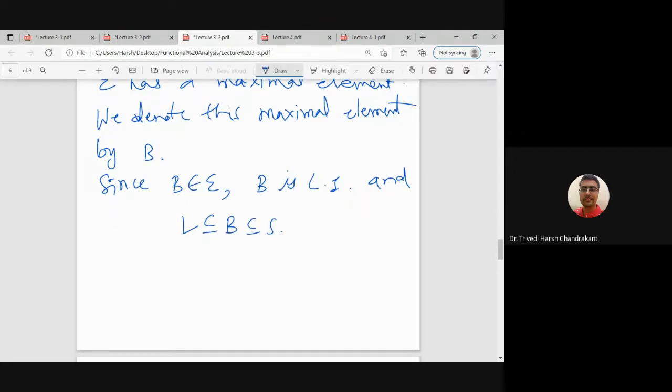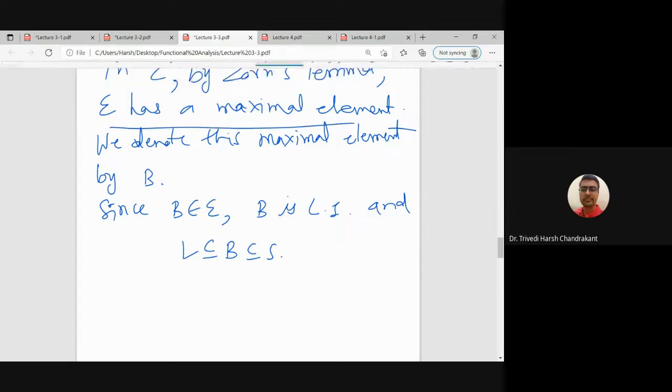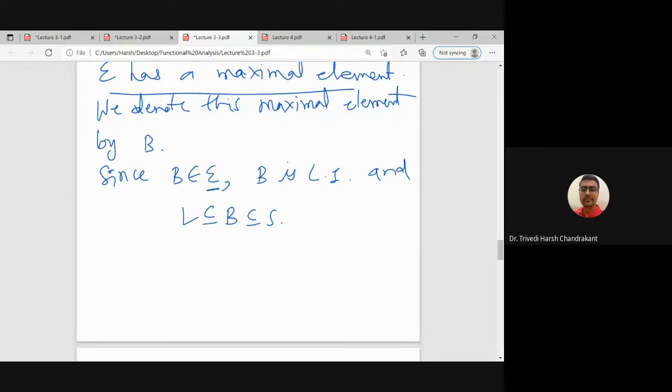So this is what we get because the maximal element exists in E. By the definition of elements of E, B is Li, and L is a subset of B, a subset of S.